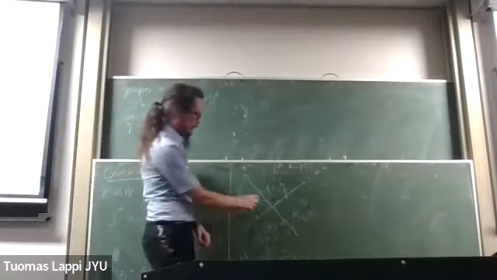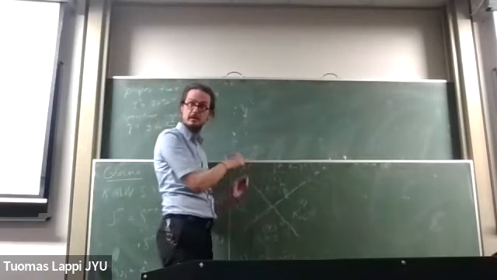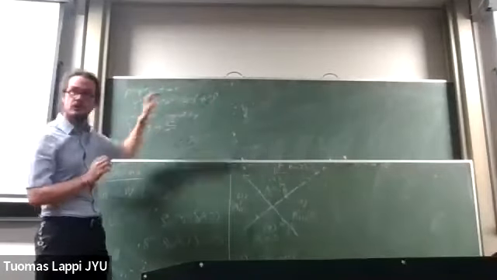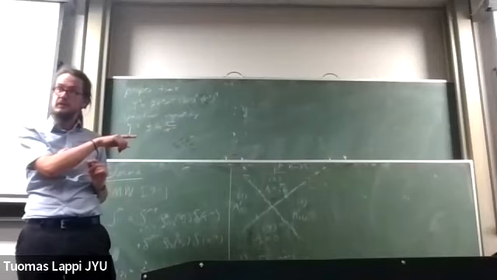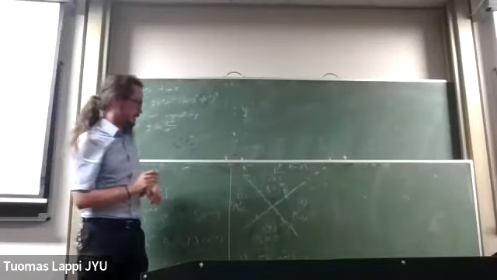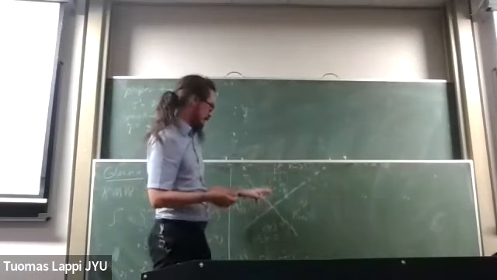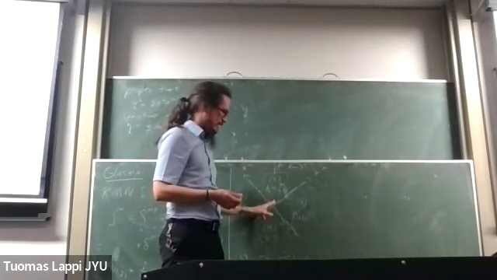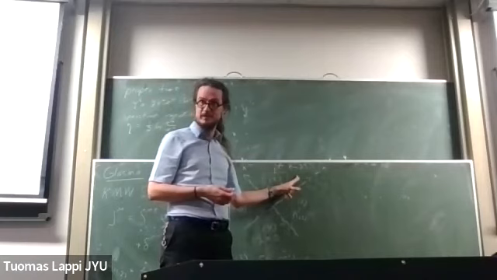So if you are just sitting here and not moving, this is the time. Then this expression is boost invariant under boosts in the z direction. So it is also the time variable that you get if you boost to a system that is moving at a constant velocity in the z direction.